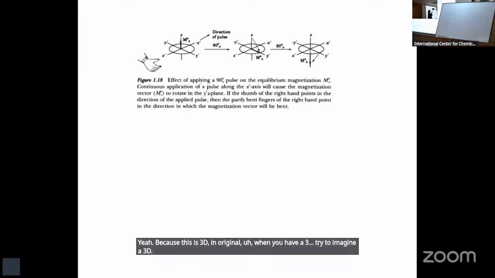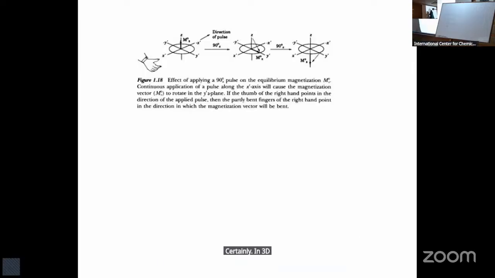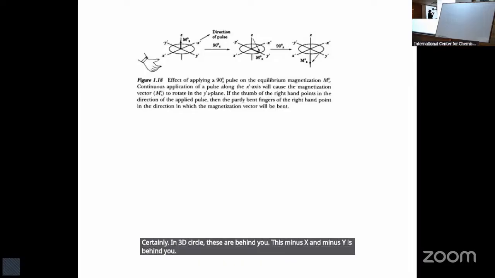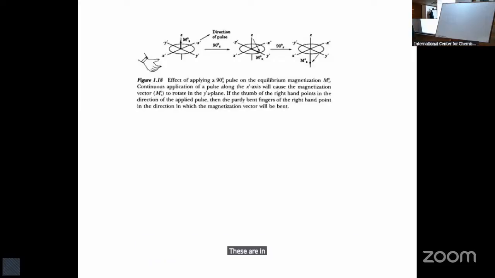Because this is 3D. Try to imagine a 3D circle. In a 3D circle, minus X and minus Y are behind you. They are not in front. These three are behind, and these three are in front.